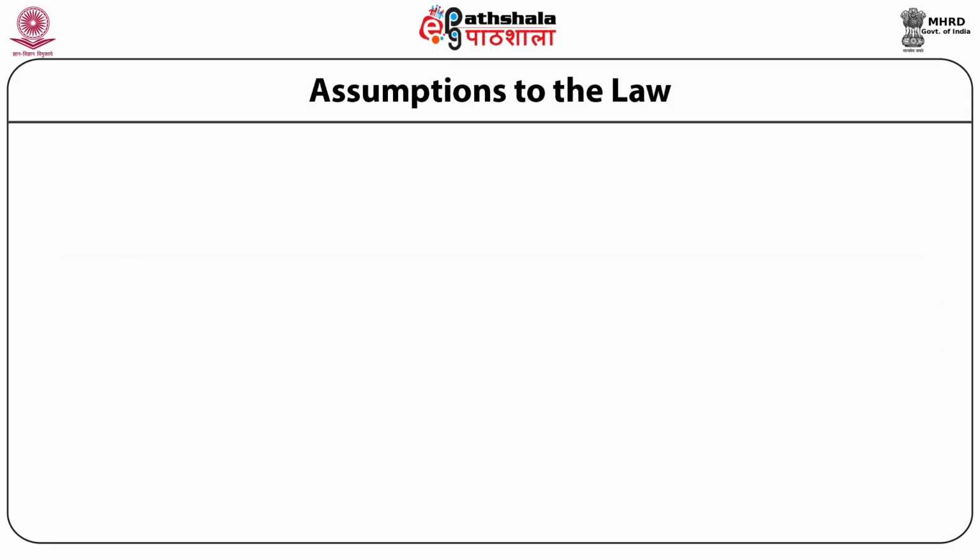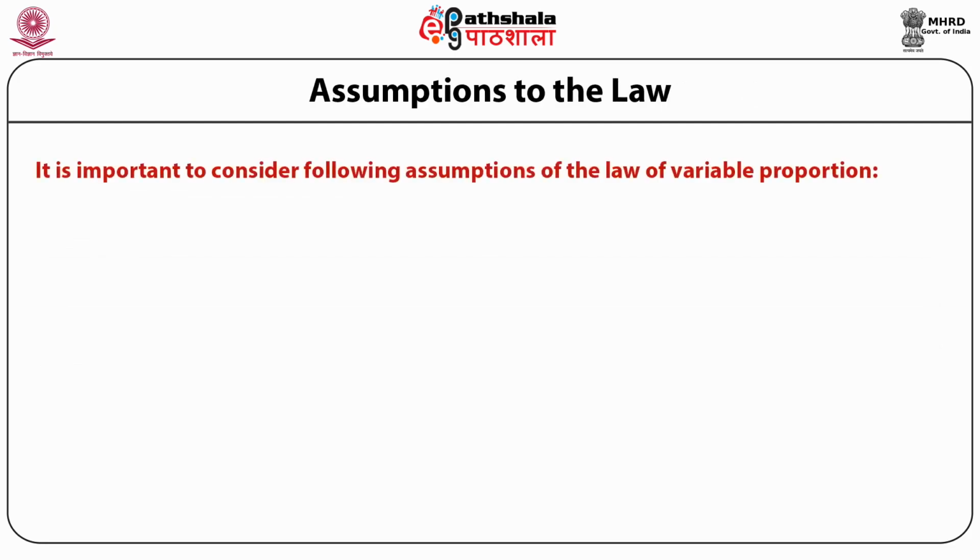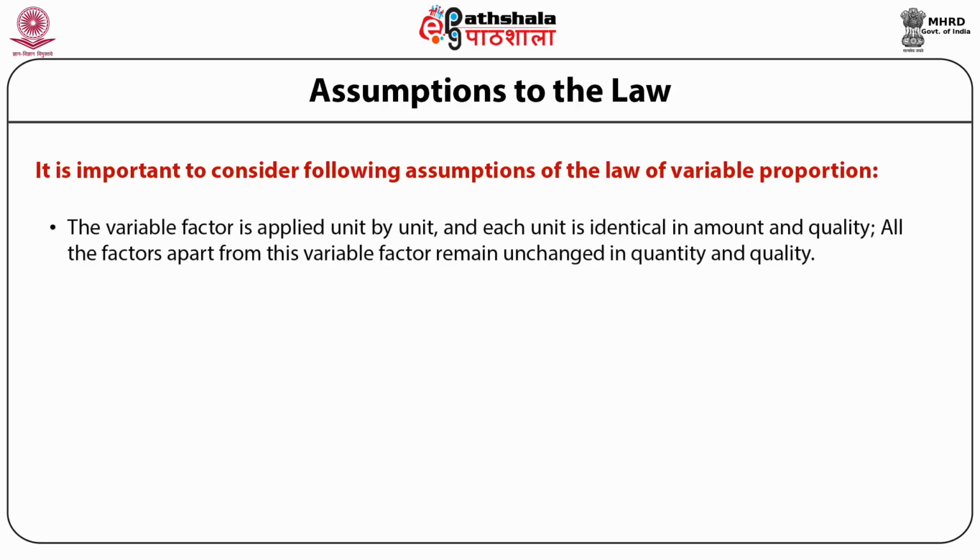Assumptions of the law. It is important to consider the following assumptions of the law of variable proportion. The variable factor is applied unit by unit and each unit is identical in amount and quality.